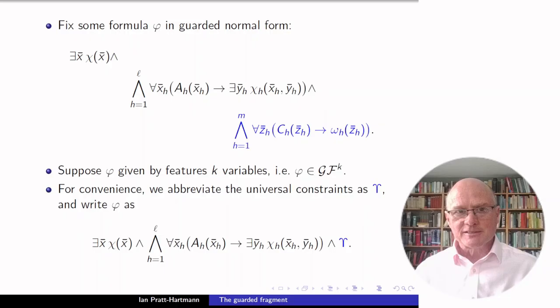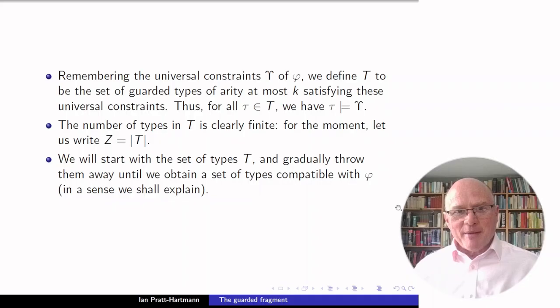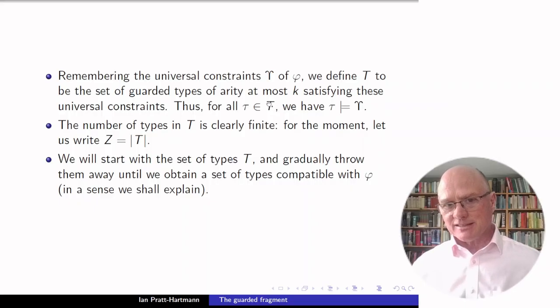Okay, so next idea. If we remember that these universal constraints are Υ of our original formula φ, let's define the set T to be the set of those guarded types of arity at most k, the number of variables occurring at all in φ, satisfying these universal constraints. So for every type τ in T, we'll have τ makes Υ true.